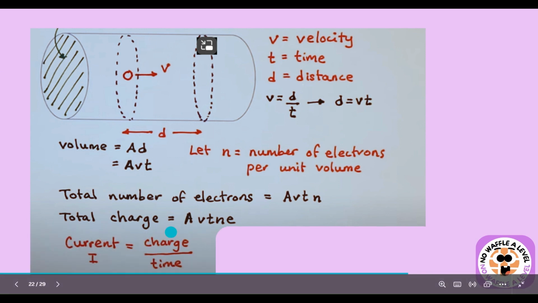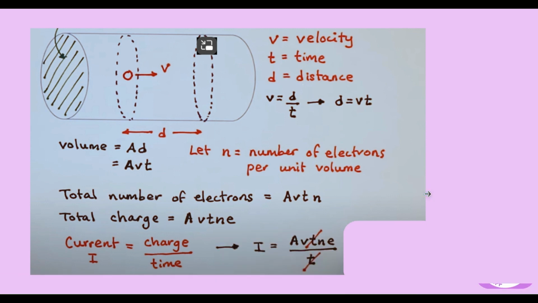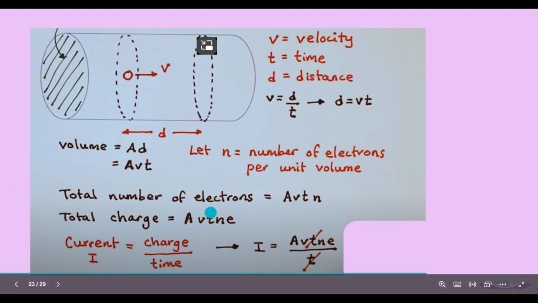Therefore, current is equivalent to charge divided by time, as you can see there. And therefore, we know that current is equal to the total charge, which is this equation, divided by time.